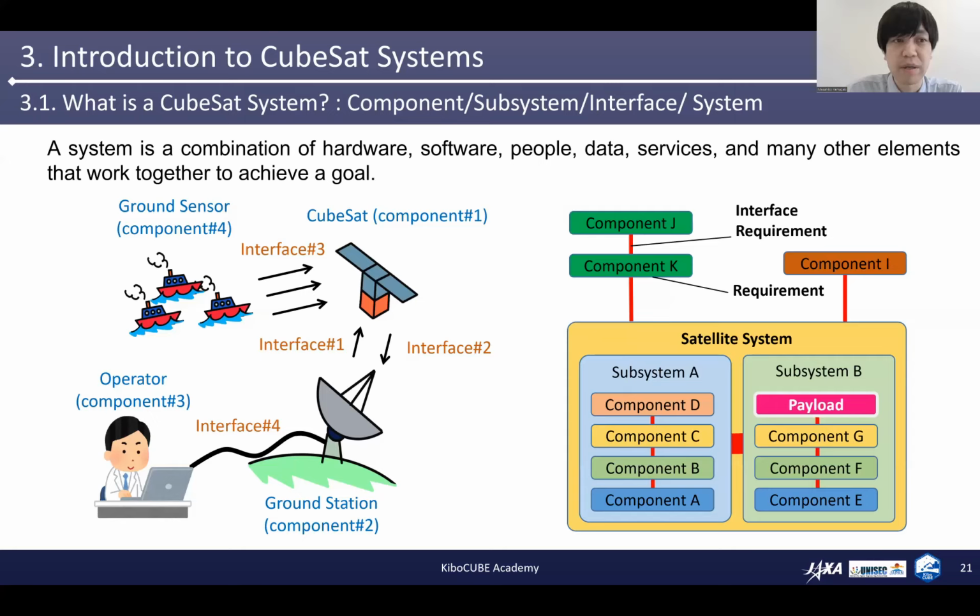The payload is one of these internal components, and for a successful mission, it is not enough for the payload to perform well on its own. All of the elements surrounding the payload and their interfaces must work properly.